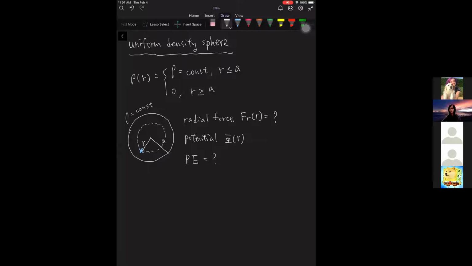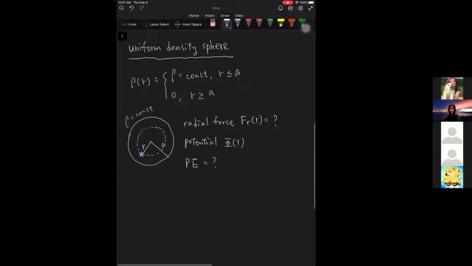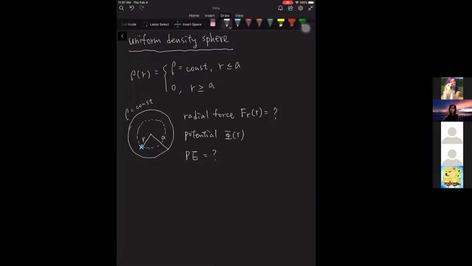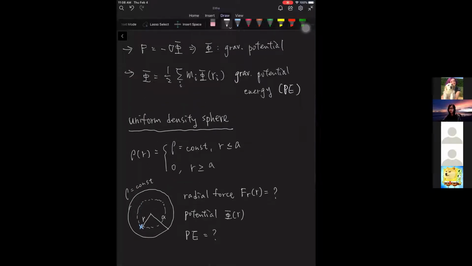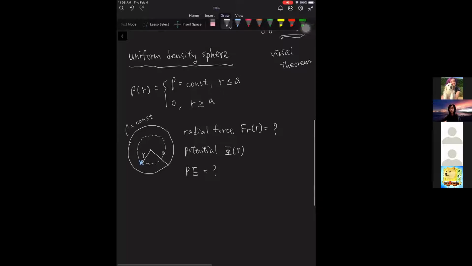Oh, and I forgot to mention, once we have the potential energy, we can apply the virial theorem, right? So this is the whole process.